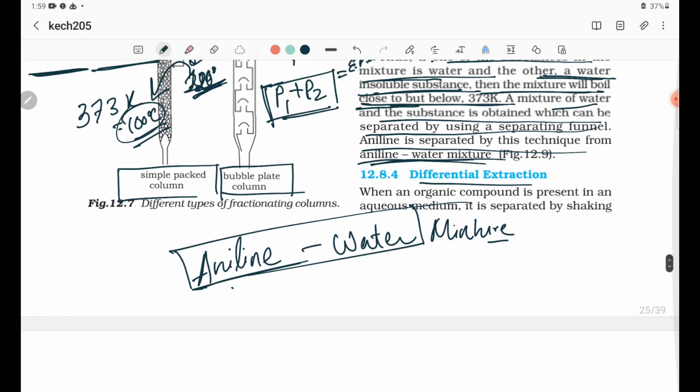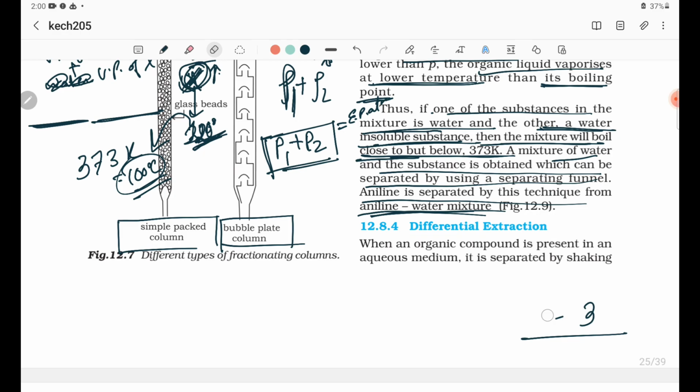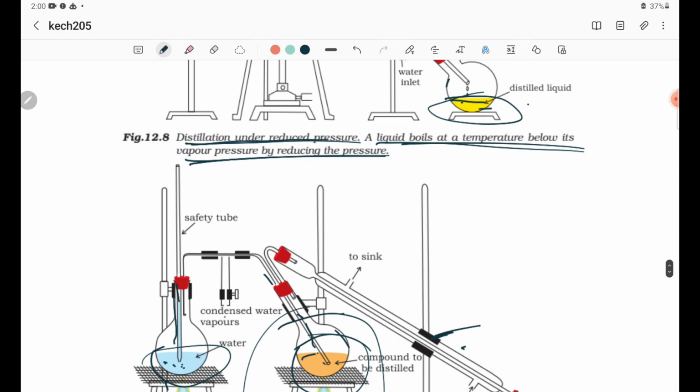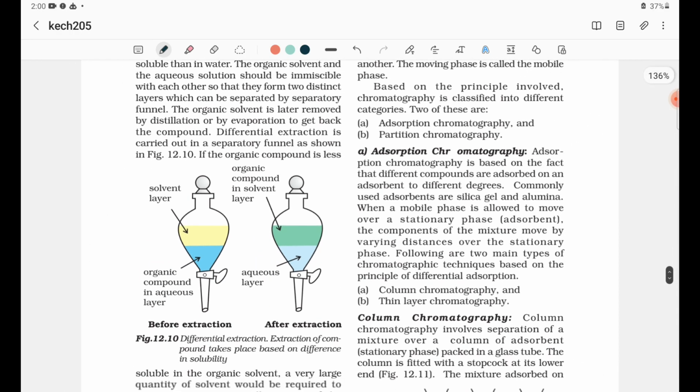Now in part 3 of this class, we will discuss differential extraction and chromatography. This is a huge part, a very important part, especially chromatography.